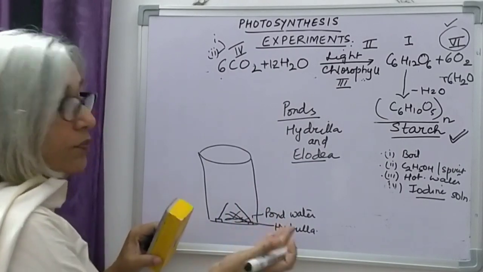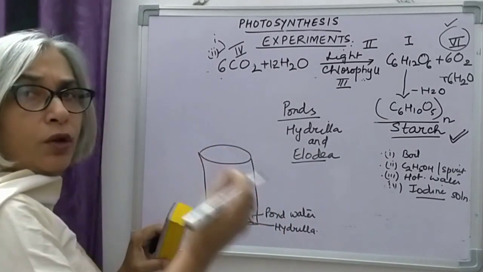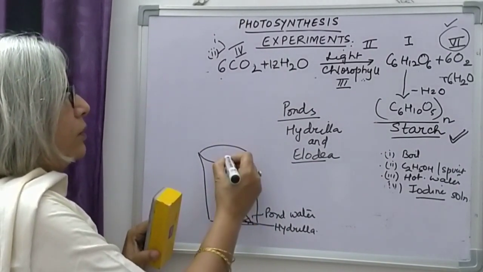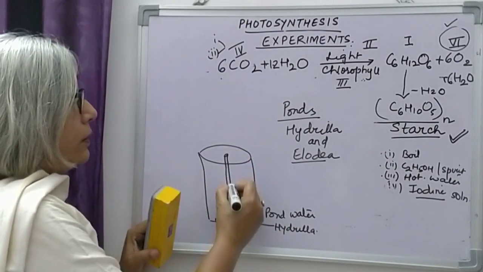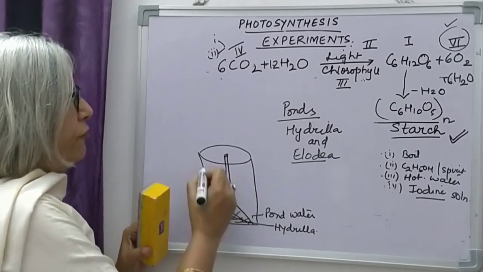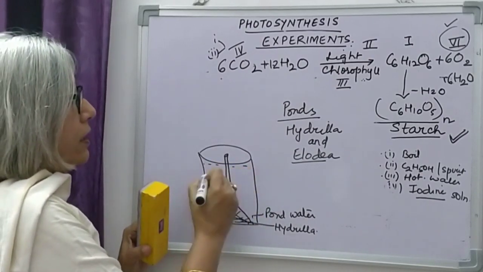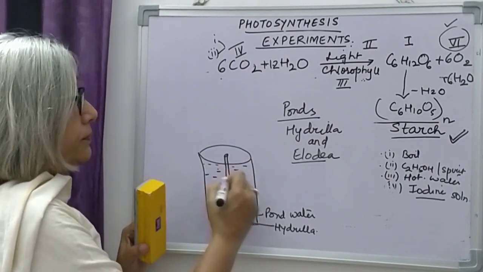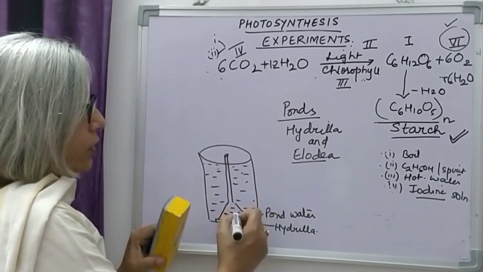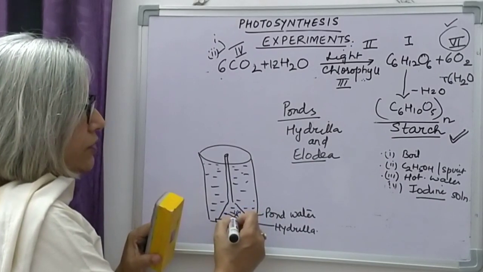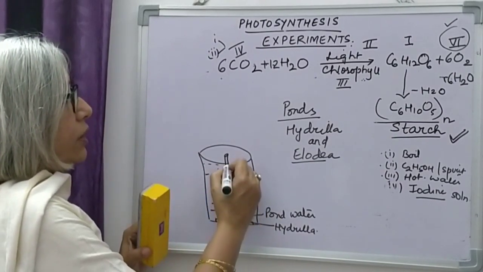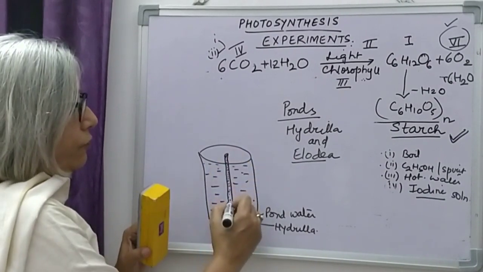Keep it on a small wood chunk and invert the funnel over this plant. Fill the entire beaker and the funnel with pond water. There's pond water all along, and this is Hydrilla plant. The stem of the funnel is also full with water.